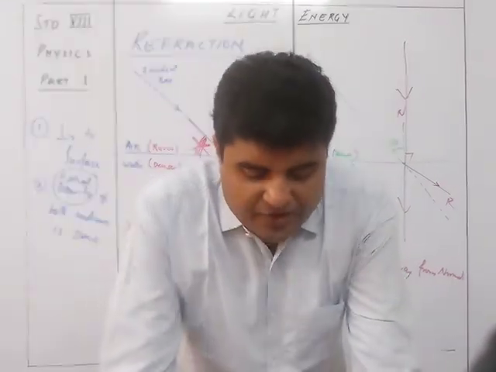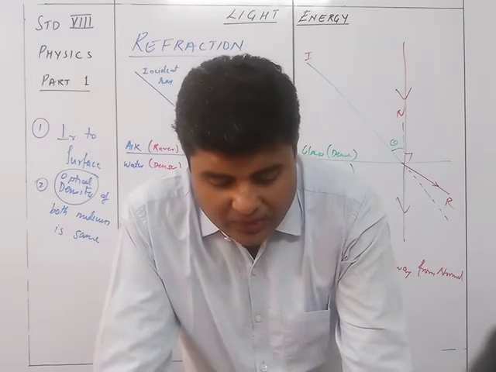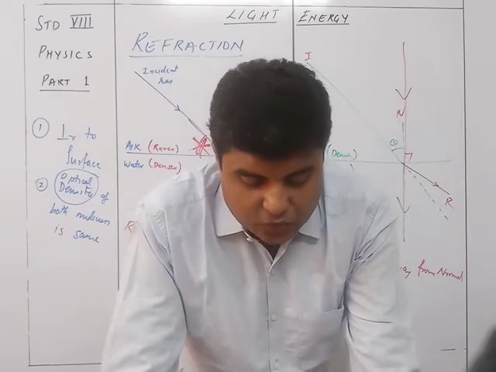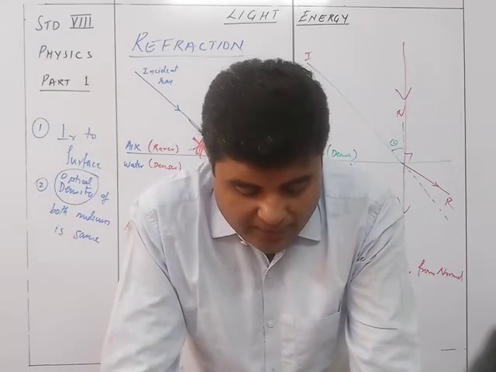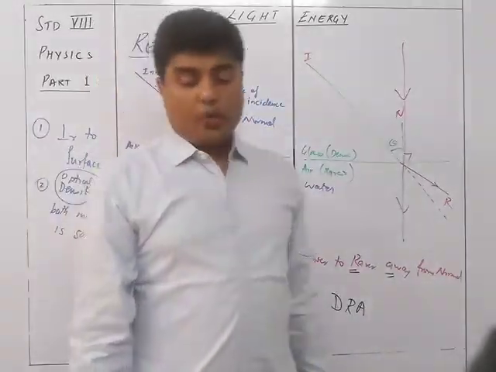Figure 5.5 shows the light ray OA passing from a denser medium glass to a rarer medium air. XY is the surface separating the two media. It is clear from the diagram that the incident ray OA bends away from the normal and is refracted as OB.